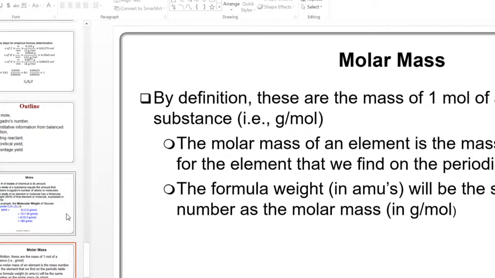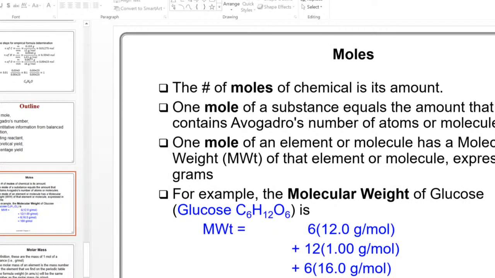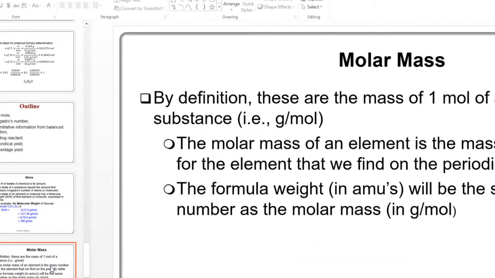No wonder the molar mass here is 180 grams per mole. So molar mass is the mass of 1 mole of a substance. The molar mass of an element is the mass number for that element that we find on the periodic table. The formula weight will be the same number as the molar mass.